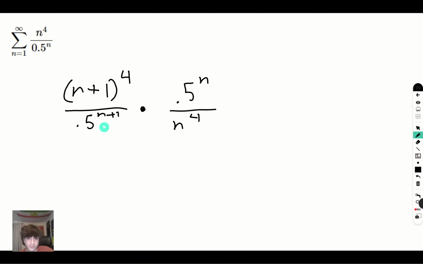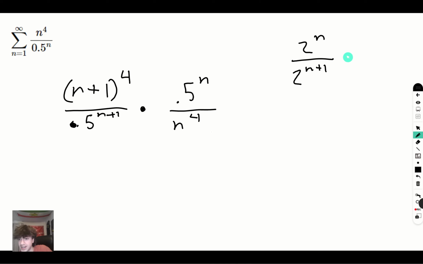So from here, we're going to try to cancel out like terms. Let's say, for the sake of showing you guys an example, we're going to make 0.5 a simpler number like 2. So we're going to take a look at these two terms right here, 2 to the n and then 2 to the n plus 1.